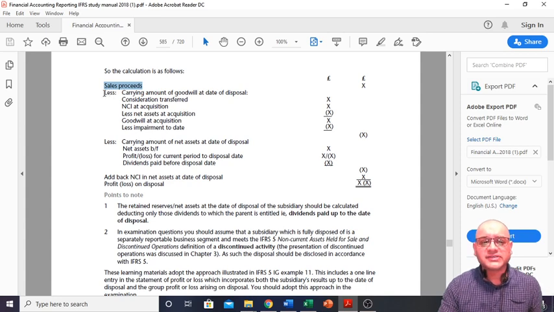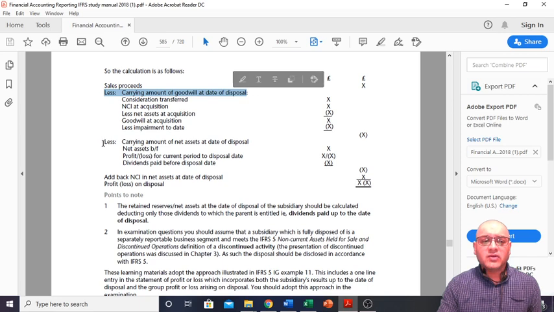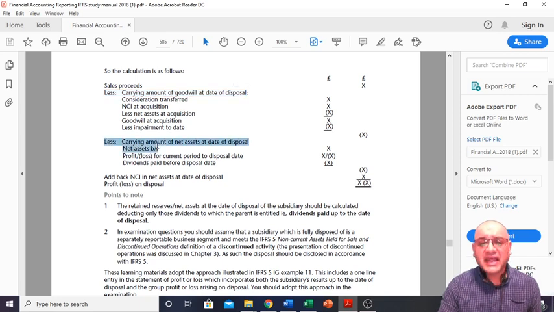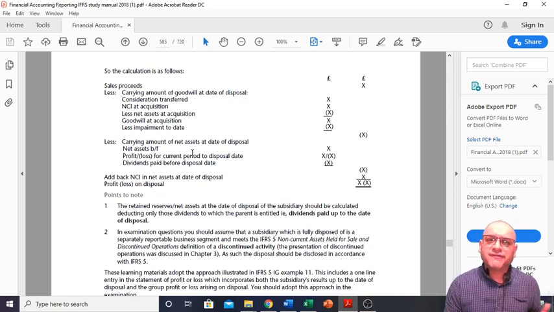And from sales proceeds we would be deducting the carrying amount of goodwill and also the carrying amount of the net assets of the subsidiary. The carrying amount of the net assets of the subsidiary will be the value of the subsidiary's assets minus liabilities just before the disposal.